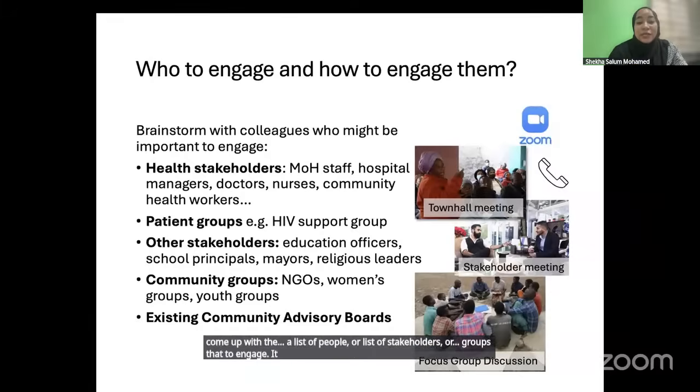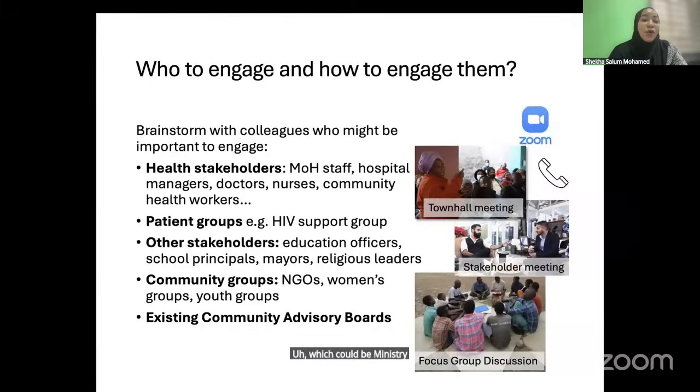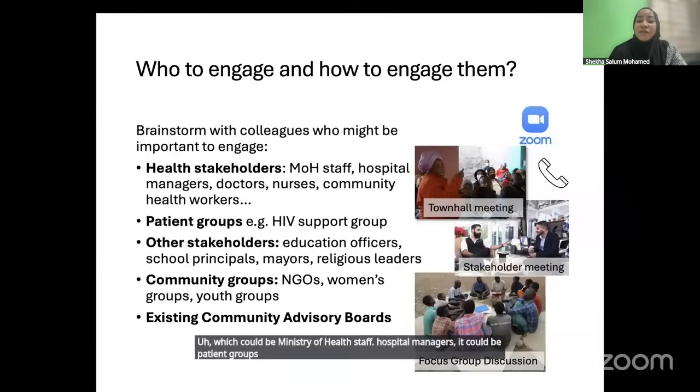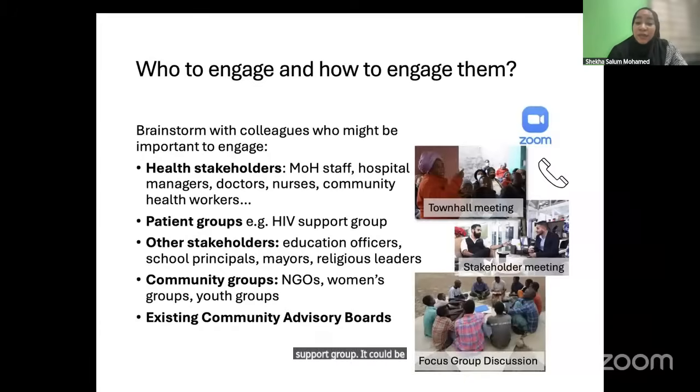It could be health stakeholders, such as Ministry of Health staff and hospital managers. It could be patient groups, for example, HIV support groups, or maybe youth support groups. It could be other stakeholders, maybe education officers or school principals, if you're doing a school engagement activity or a school project.